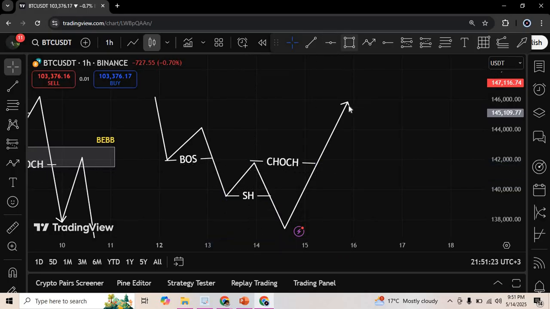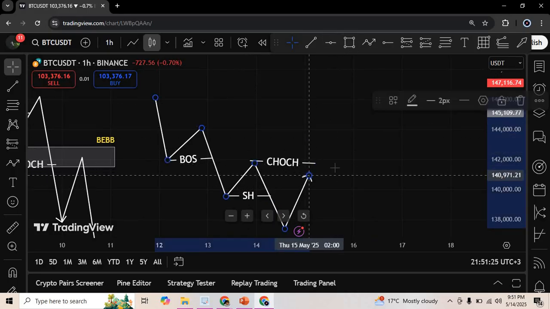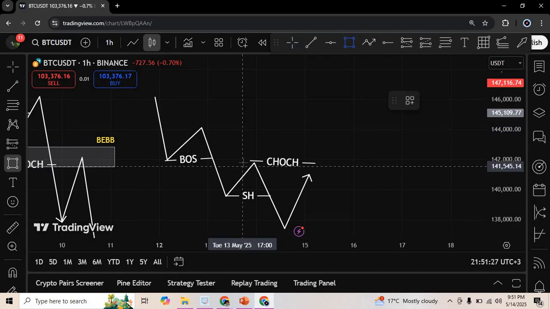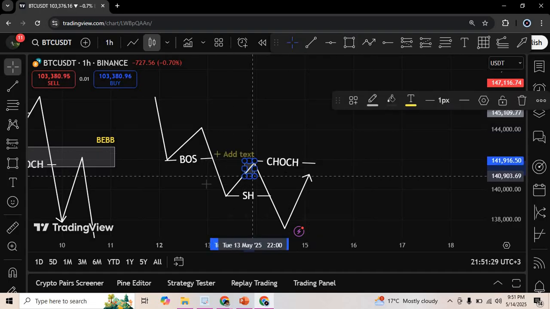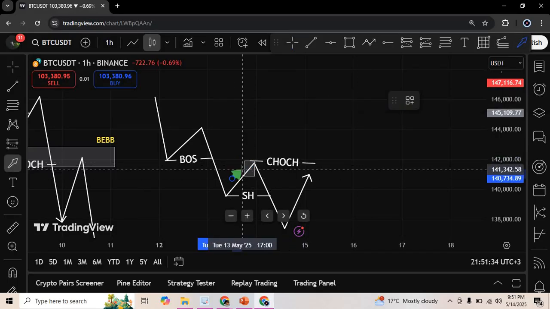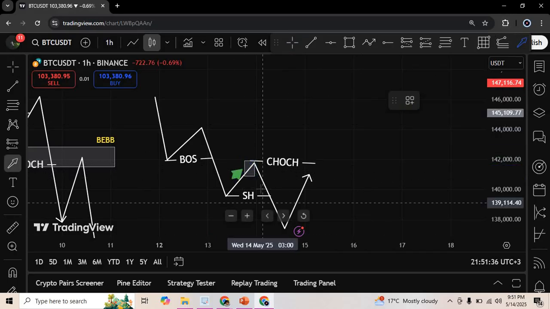We are having our last green candle right here. Remember, this stretch right here is a buy before a significant sell.